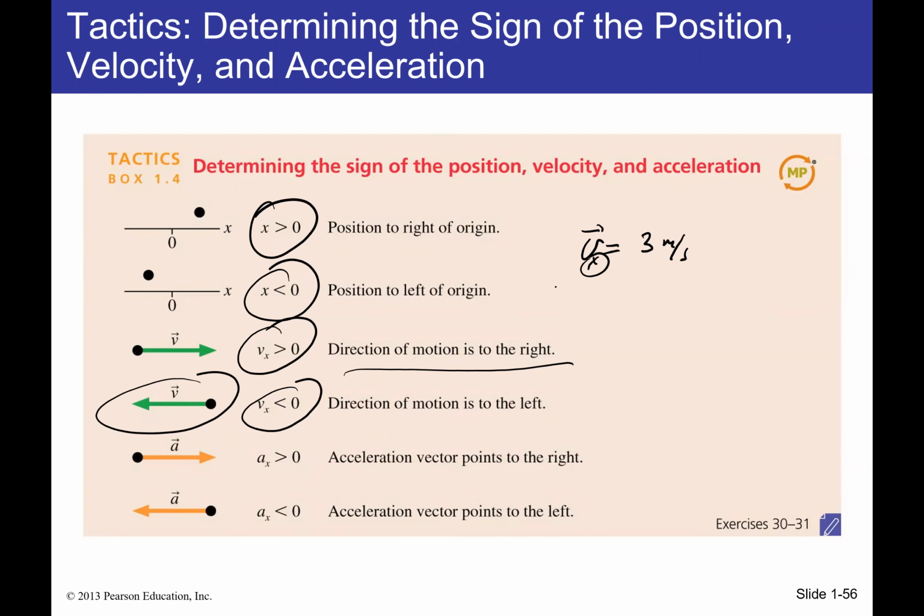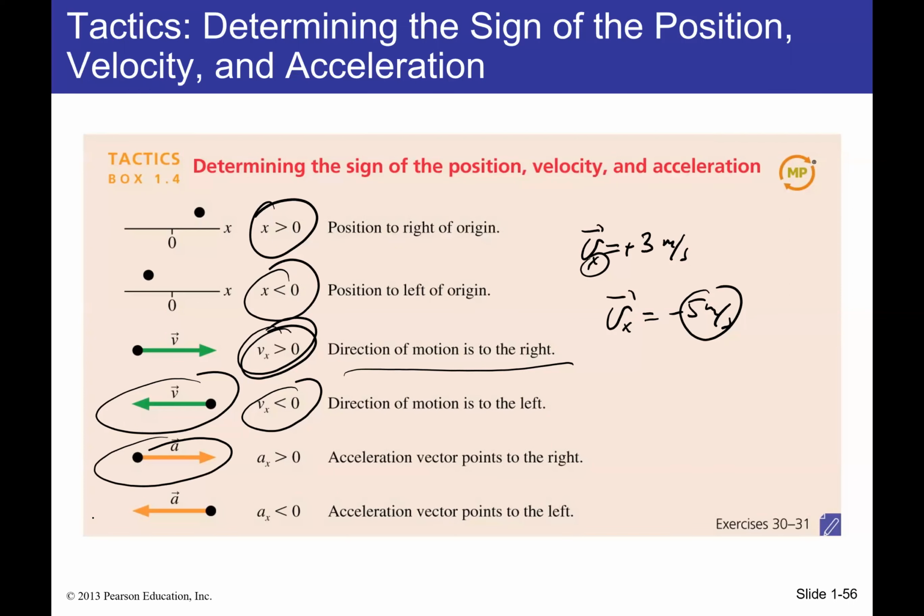But you will not know in which direction it's moving until I put, let's say, plus 3 meters per second. Well, if the velocity is positive, it's moving to the right. But if you have a Vx of negative 5 meters per second, that means this is something that's moving at 5 meters per second, but moving to the left. So that's kind of what you have. Negative basically indicates in which direction the object is moving.